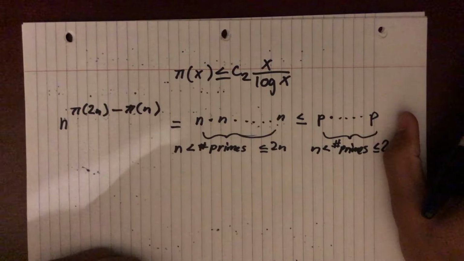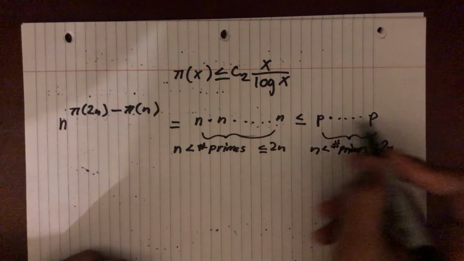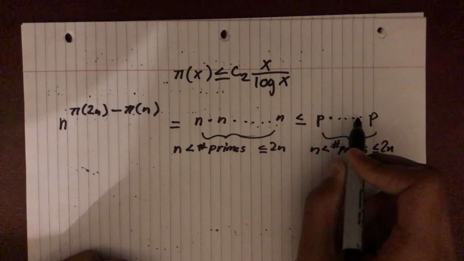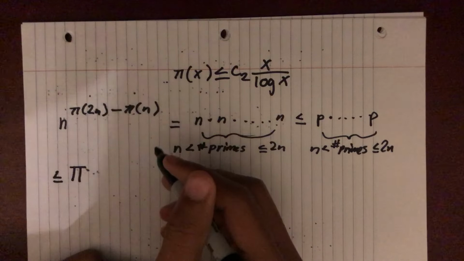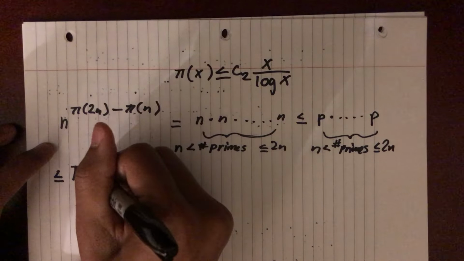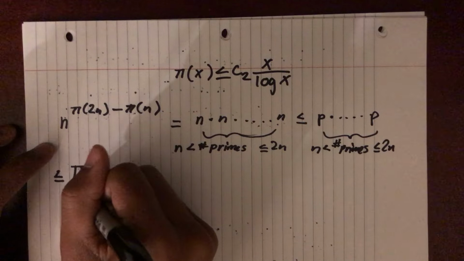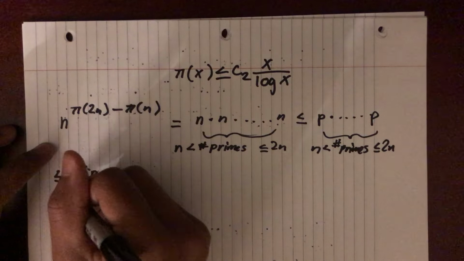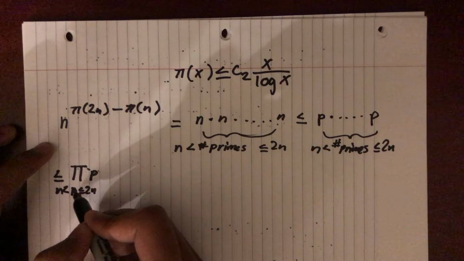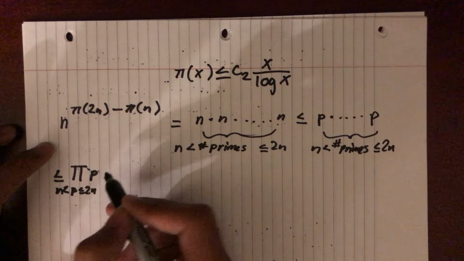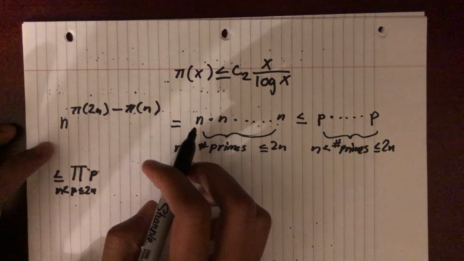And really this is less than or equal to the product of the primes between n and 2n, since you have that many primes between n and 2n. So that gives you that bound.